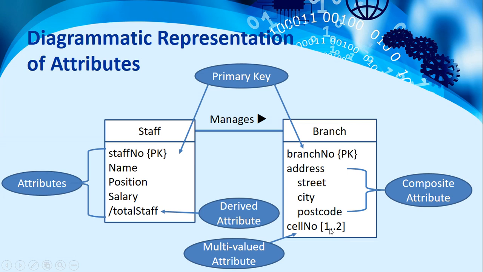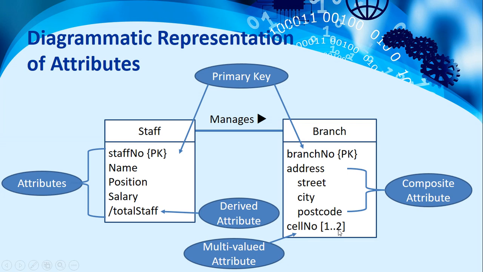So at least 1 cellphone number or up to 2. What if you want up to 3 cellphone numbers for the branch? Then you edit it and put 3 instead of 2.